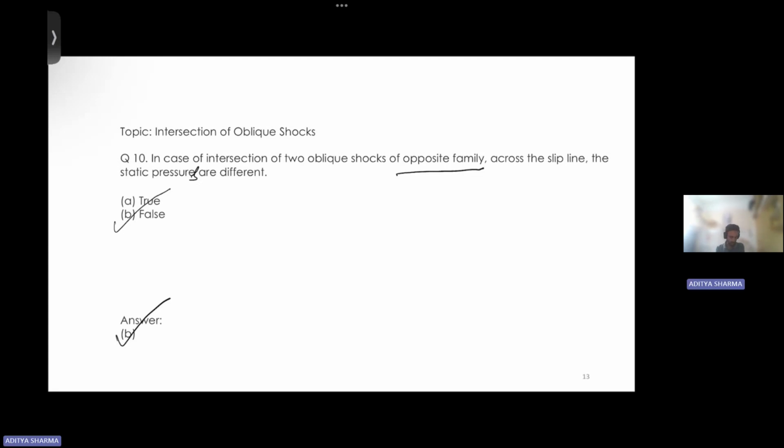All right. So this was our 10th question on intersection of oblique shocks. Till now we have seen 6 questions on shock polar, and then one question on the last topic of this lecture 18, that is regular reflections of oblique shocks, and then we saw the intersection of oblique shocks after that.